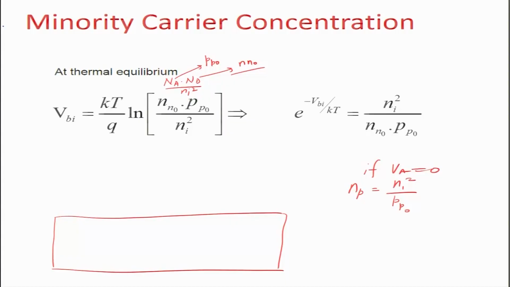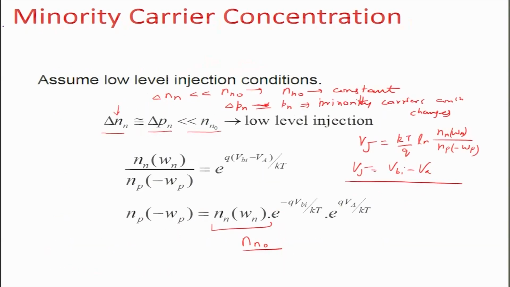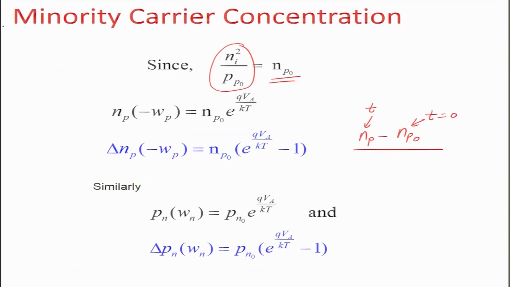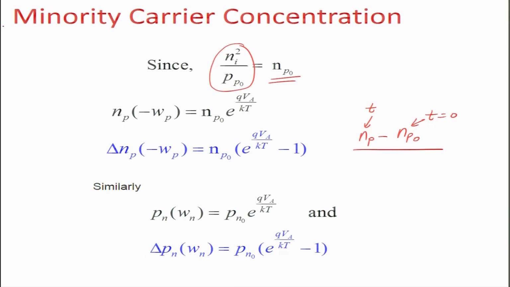You can do this for both electrons and holes. So we get Np at minus Wp for electrons, and similarly you can get it for holes also. From Np you can get delta Np, and similarly for Pn you can get delta Pn. These delta Pn and delta Np are going to be useful to solve the diffusion minority carrier equations.